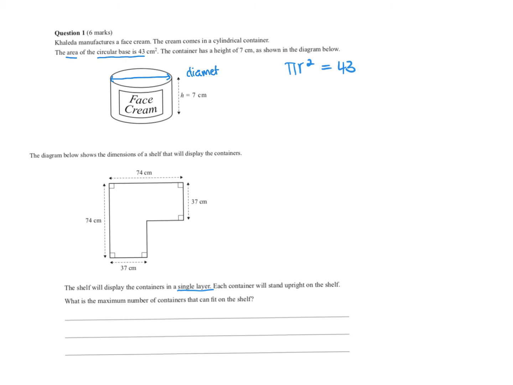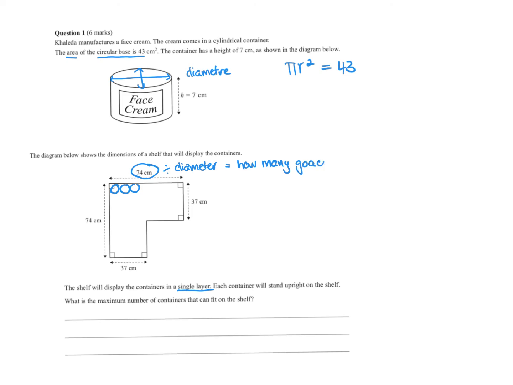So the diameter will be, both ways. So really we're going to have circles along the shelf like that. So if we count up and we get this 74 and we divide it by the diameter of 1, we're going to find out how many we can go across.